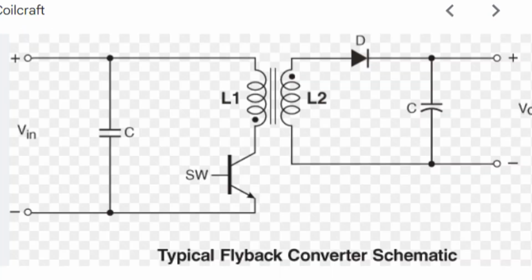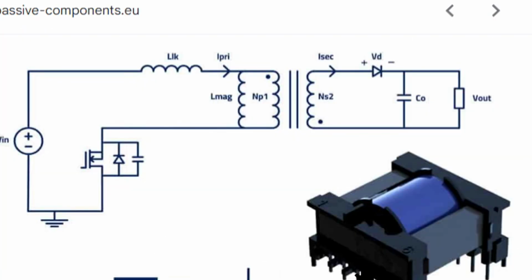This is from Coilcraft. So we're going to go to the next option here. We see positive coming in here, and we have the dot orientation here, but the dot orientation shows that the diode is on the opposite end of this dot indicator. Interesting.